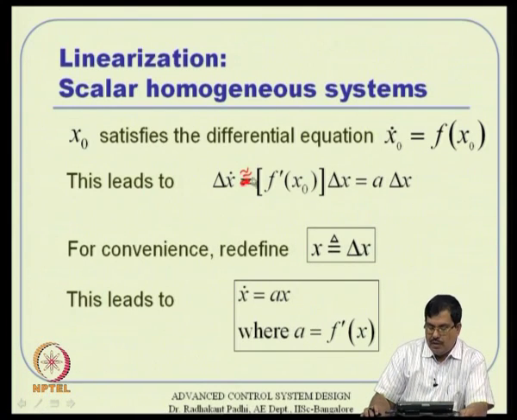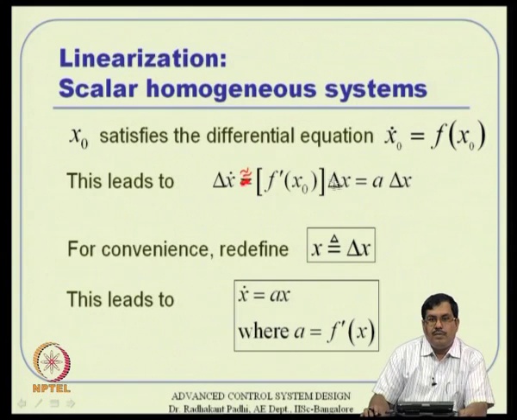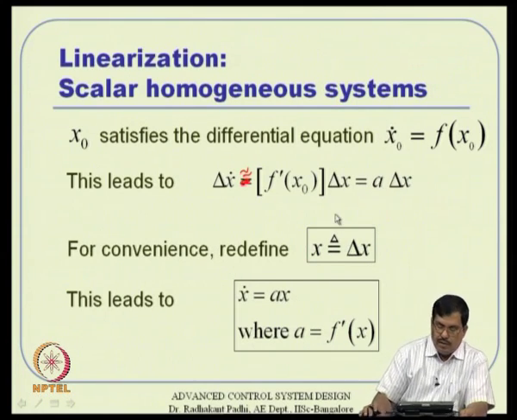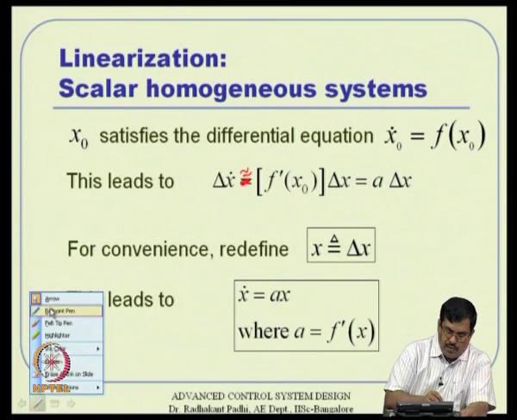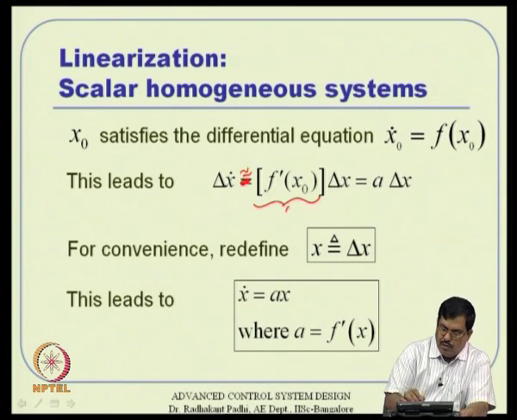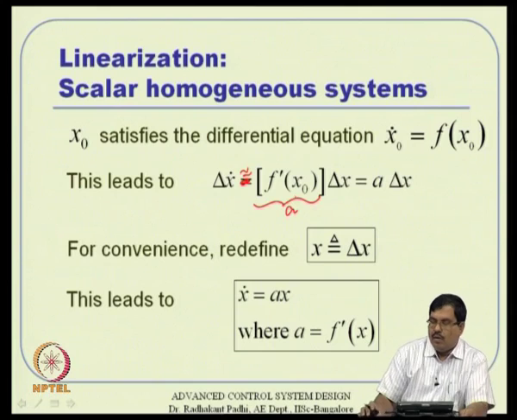So, we define this term f dash of x 0 as some quantity. Remember this is actually a scalar problem, so this is just a number. So, this number we define as a, for our convenience. So, we just define this quantity as a, and then we are left with a times delta x.